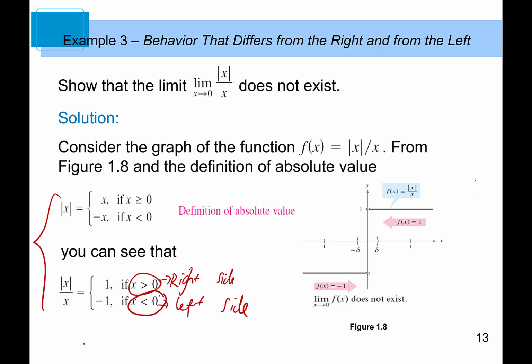And graphically speaking, when x approaches 0 from the right-hand side, the limit is 1. From the left-hand side, the y value approaches negative 1. This is negative 1 right here. And these two numbers do not converge, meaning they're not the same. So the limit of f of x when x approaches 0 does not exist for this particular function.